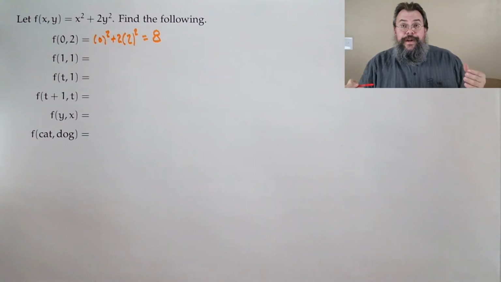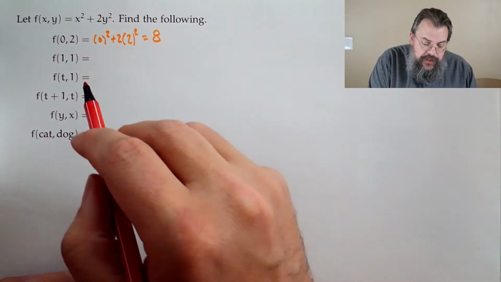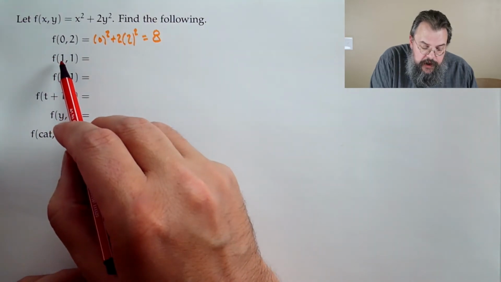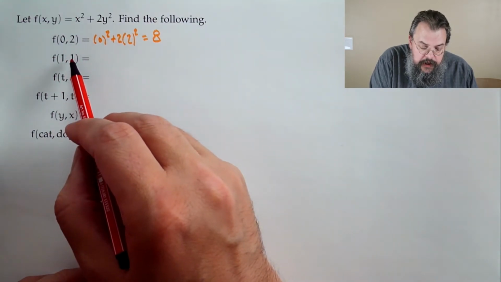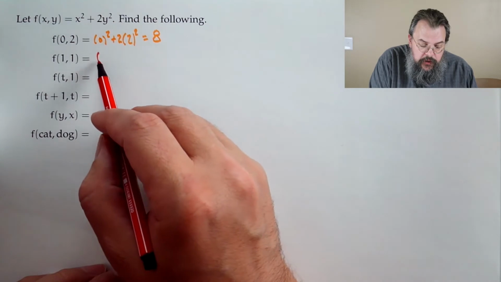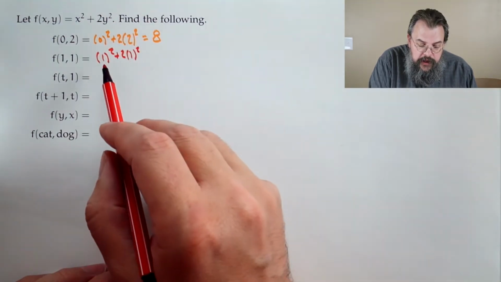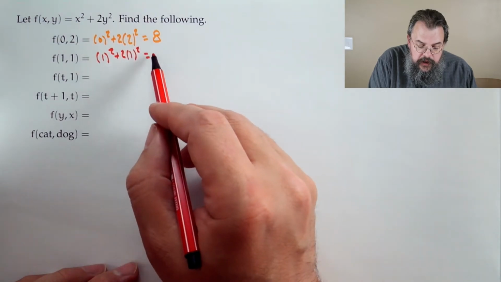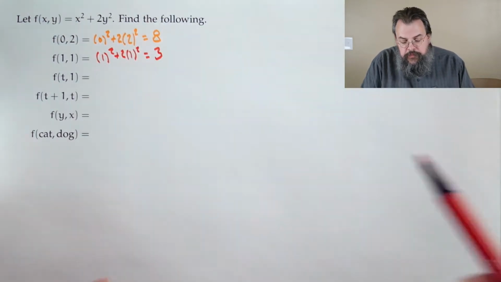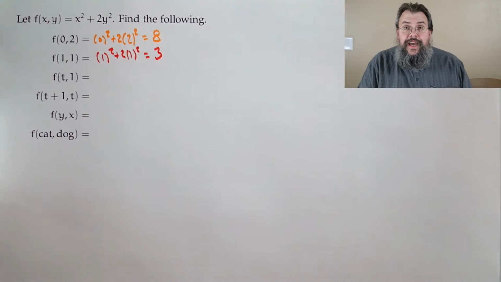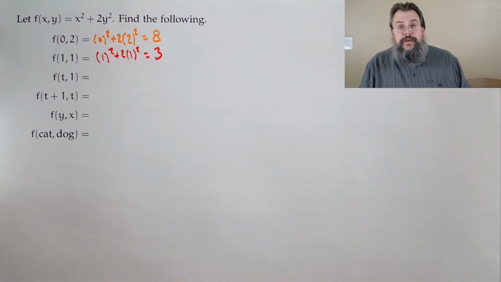F of 1, 1. So what does it say? We're plugging 1 in for x and 1 in for y. So 1 squared plus 2 times 1 squared, that's 1 plus 2, which gives us 3. Okay. Next, f of t, 1. What is that?